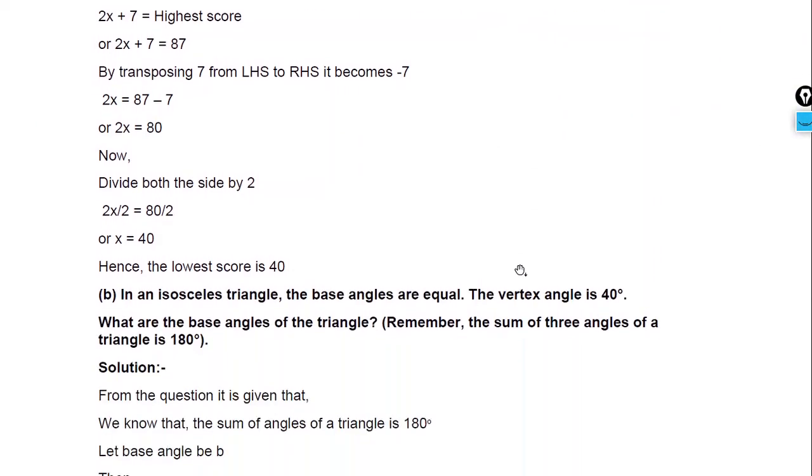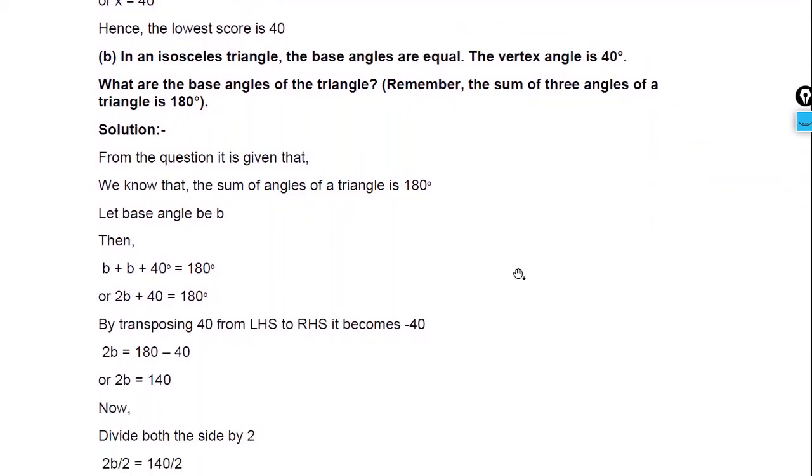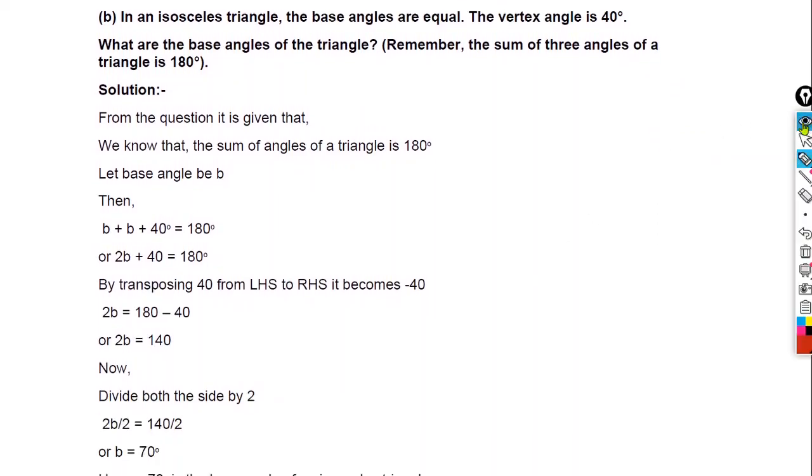Next question, again a very easy question. In an isosceles triangle, you know what an isosceles triangle is? It is a triangle in which two sides are equal.